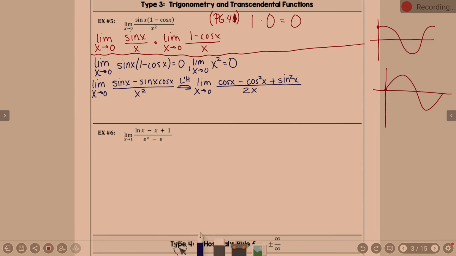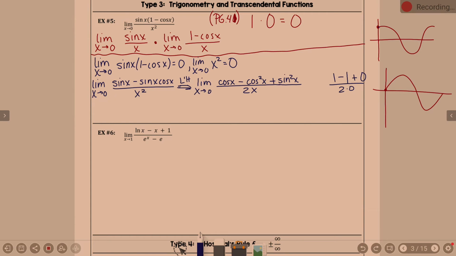What happens here? Cosine of 0 is 1, minus cosine of 0 squared is 1, plus sine of 0, 0. 2 times 0, 0. What's happening?